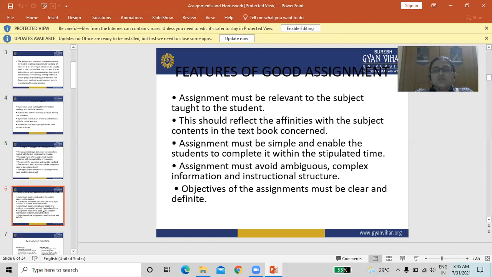Now we will discuss features of a good assignment. Assignment must be relevant to the subject taught to the student.